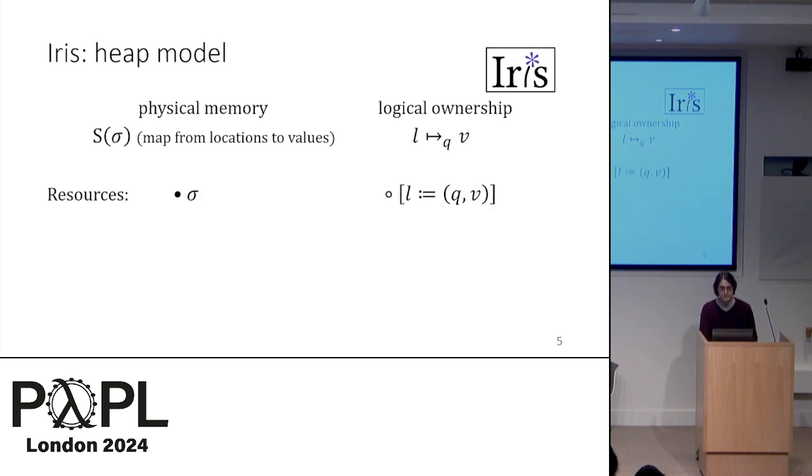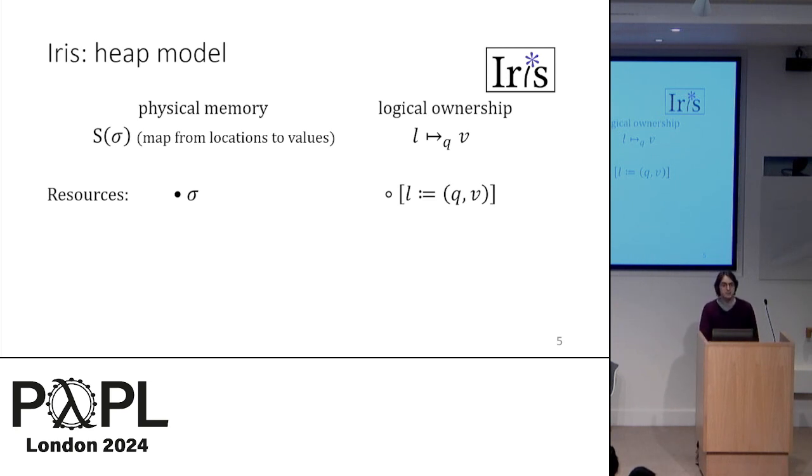So formally, both of these things are drawn from a resource algebra called the authoritative and fragment algebra, where the authoritative element is a single element that contains the entire memory state, the entire map from locations to values. And then every points-to assertion unrolls into ownership of a fragment that just has a single heaplet, a singleton heap that says at this location, we own this share and this value.